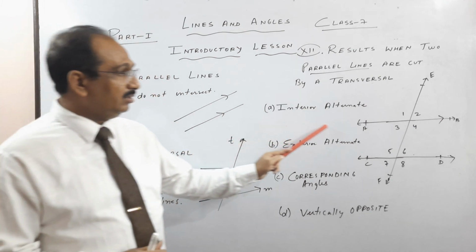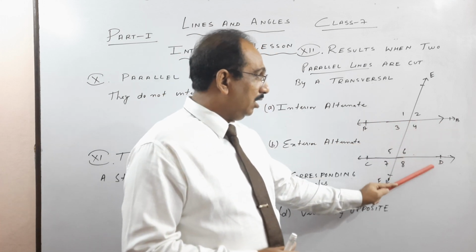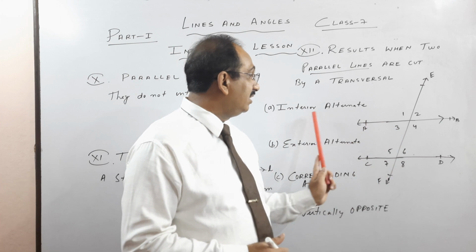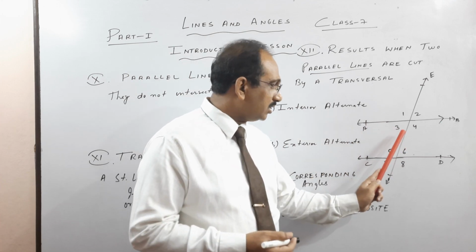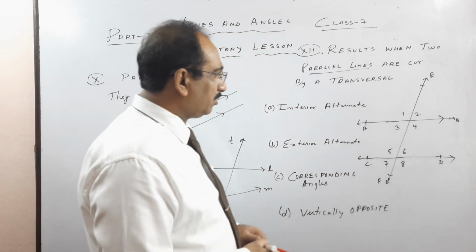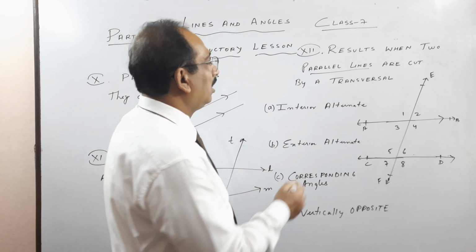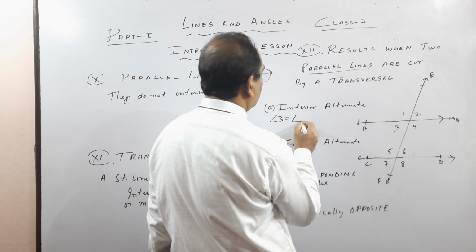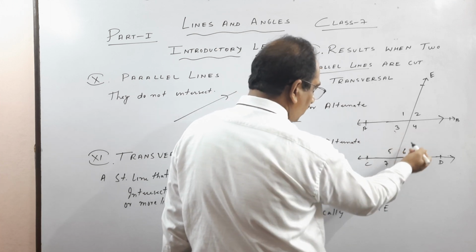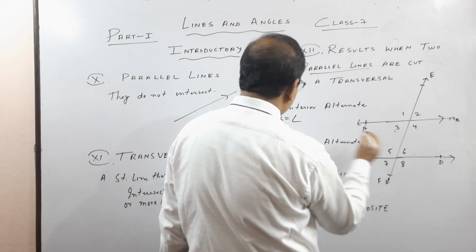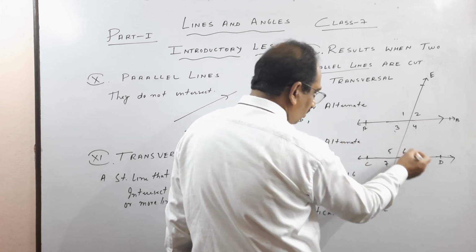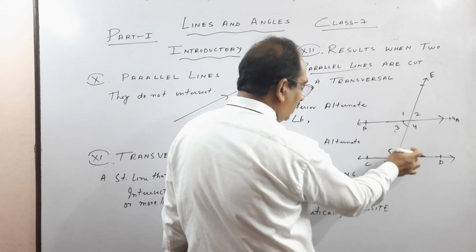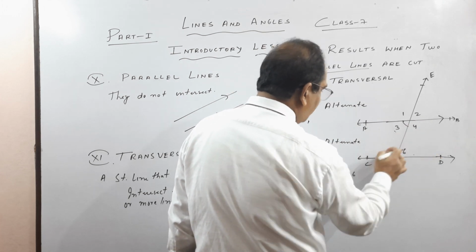So number one, when a parallel line is intersected by a transversal, there is something called interior alternate angles. See here, interior alternate means these two, angle 3 and angle 6. You leave this, come to this side. So 3 and 6, these are like a Z. 3 and 6, and 4 and 5.